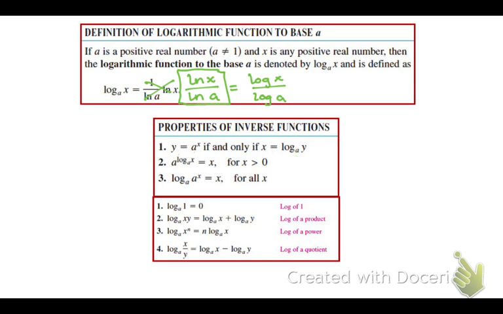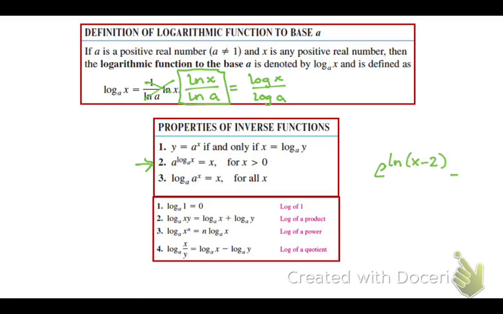I decided that problem the other day, they were wrong with their answer, or if you could somehow simplify, I was going to spend some more time with it and I didn't. But this is the inverse property that we were using: a to the log base a of x equals x. When we had, what was it, e to the natural log of x minus 2 or something like that.